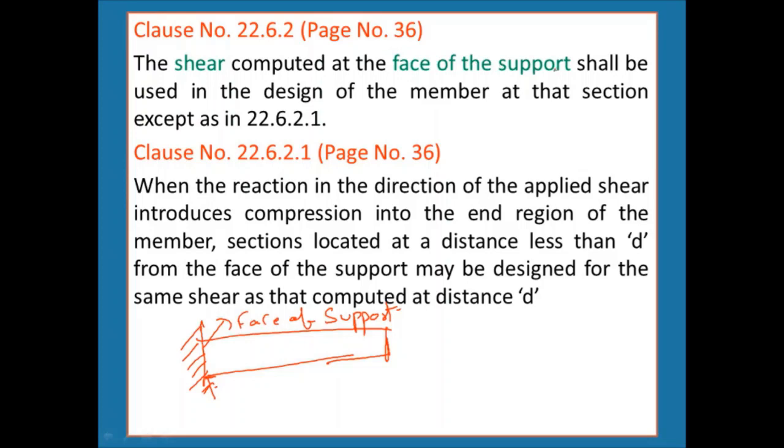The shear computed at the face of the support shall be used in the design of the member at that section, except in case of 22.6.2.1. What is that clause? You will see now. Consider a simply supported beam like this. In case of the simply supported beam, whatever the reaction is on the support, that is basically compressive in nature.